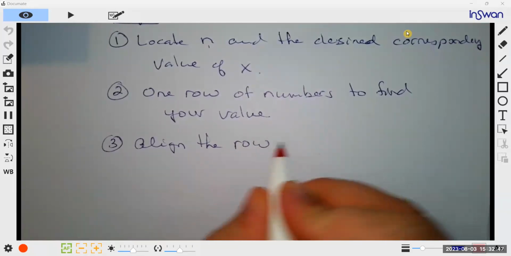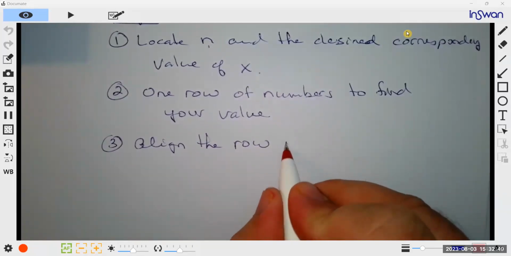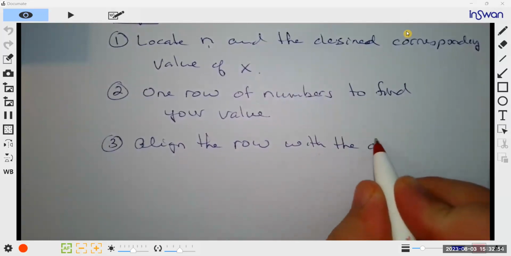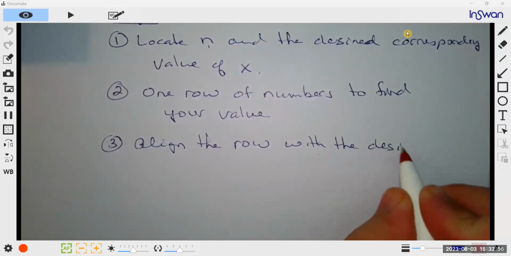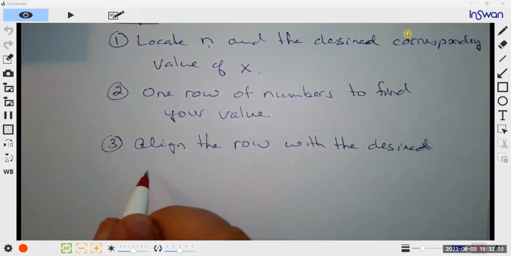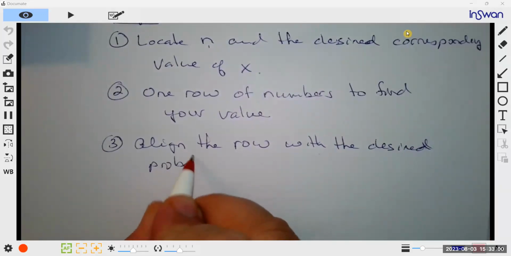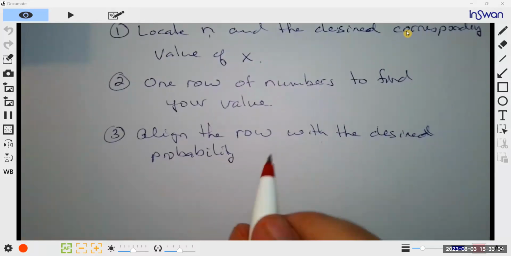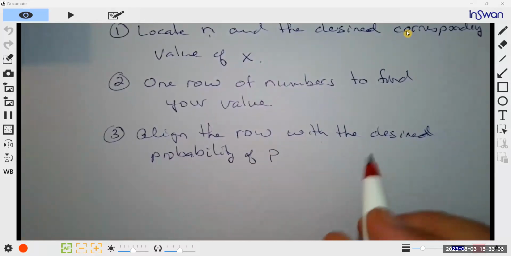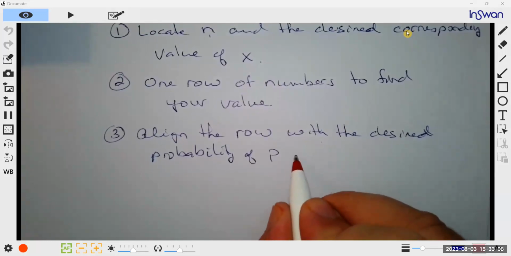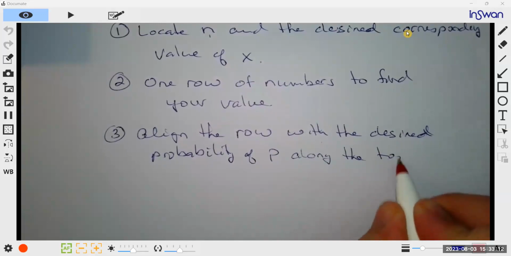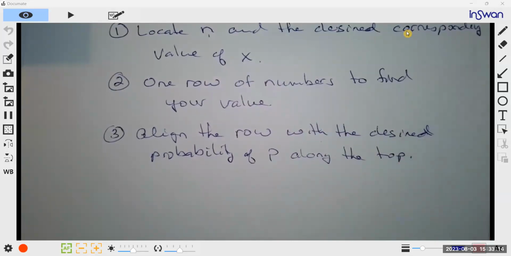Align the row with the desired probability of your success along the top.